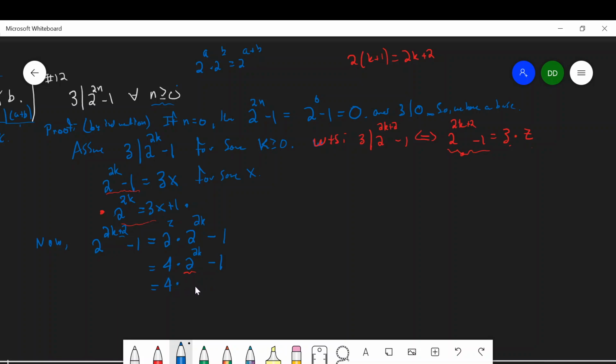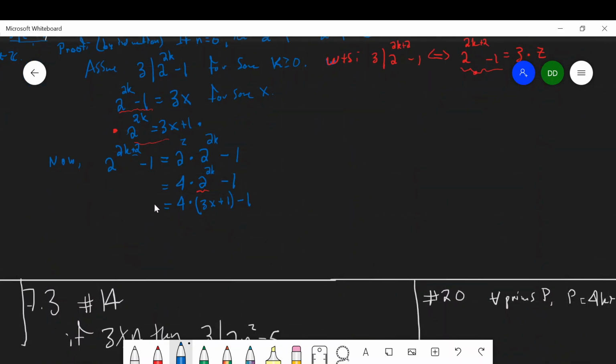By the induction hypothesis, this is 4 times 3x plus 1, minus 1. And now we have some simplifications we can do. So this is what, 12x plus 4 minus 1. That's 12x plus 3. Ooh, I can factor 3 out now.